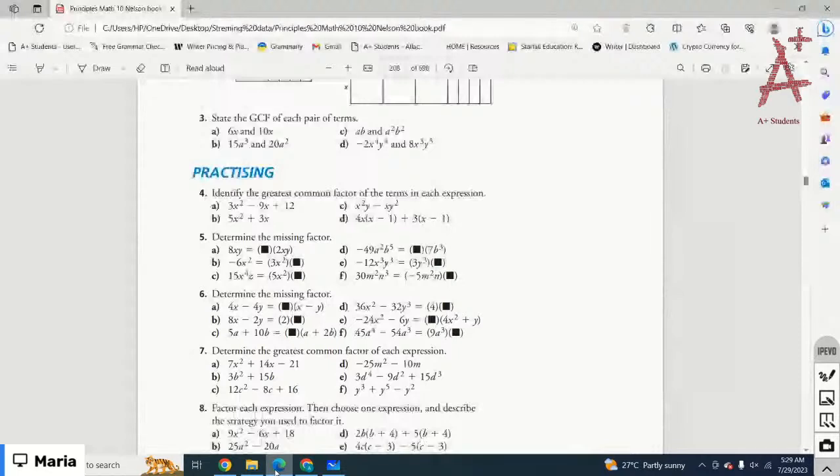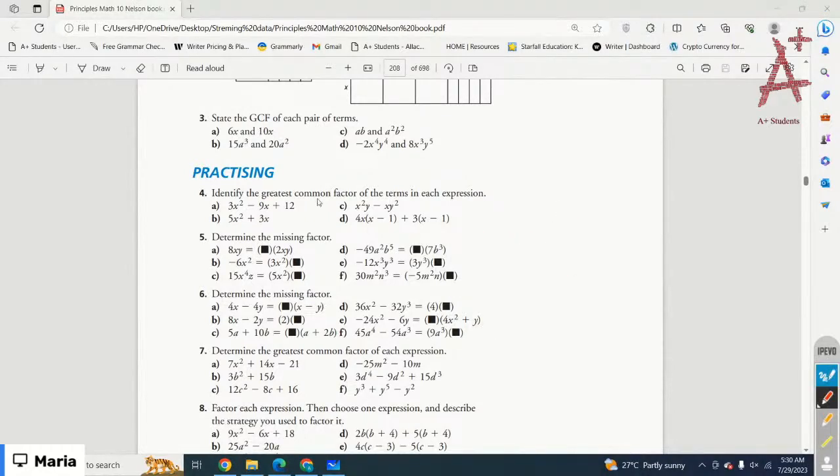That means 4 times 2 is 8. So the missing number is 4 because 4 times 2 makes 8.